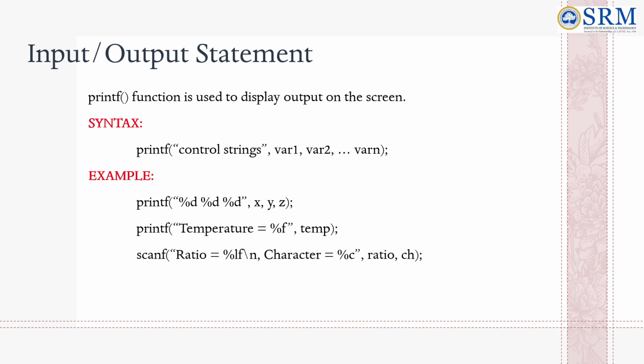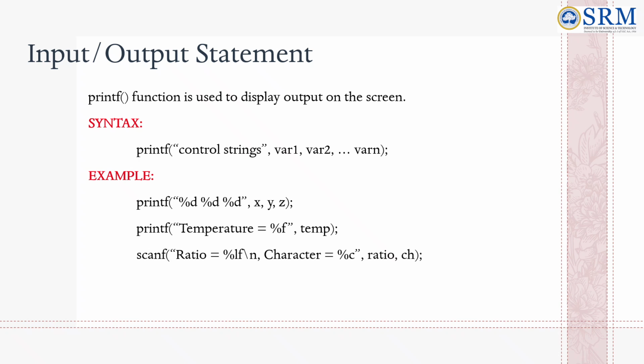We have learnt about the scanf function to read the input from the user, and now we have the output function named printf function, which is used to display the output on the screen. The syntax of printf function and scanf function is almost the same.